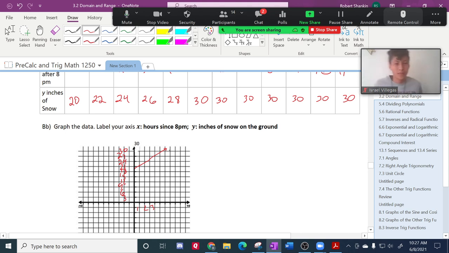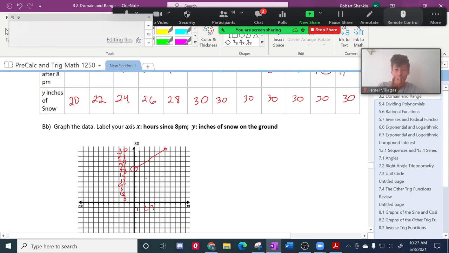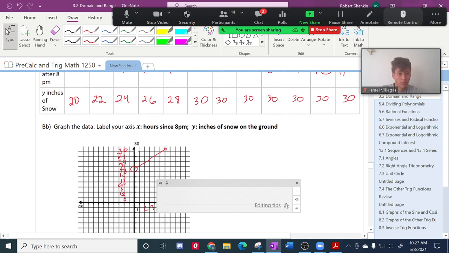All right? The other thing is, way at this end, we start with an open circle because the graph ends right there. Okay? And then, do I fill in the open circle or do I leave it as an open circle over here? And Israel, what would you tend to say? Fill it in or leave it as an open circle?